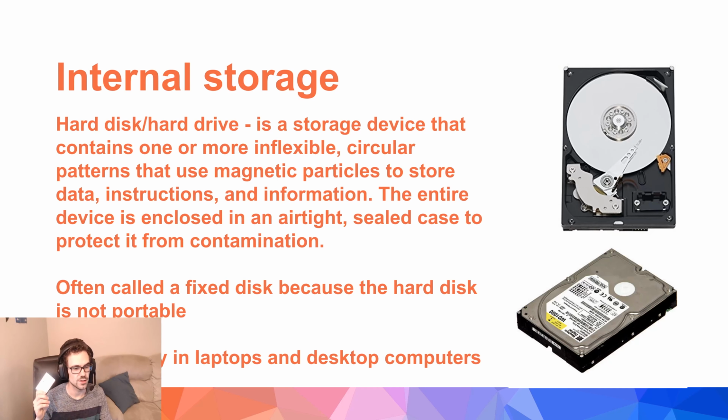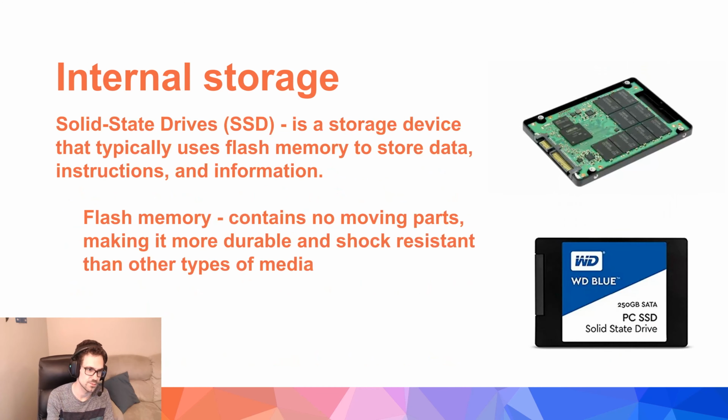People often call this a fixed disk because it's a hard disk. It's not really portable. You can't just take this out of your computer and walk around with it. It's not like a flash drive. It's in the computer. You'd have to unscrew it and pop it off, and to change it out, it's not the easiest thing to change out, though it can be changed out. It's known as a hard disk, mainly used in laptops and desktop computers. Okay, so that's mainly what this is for.